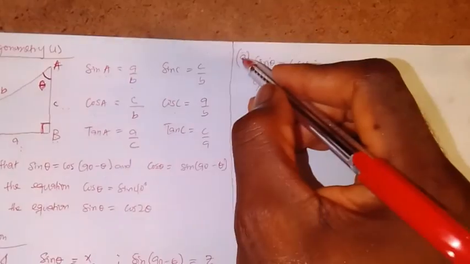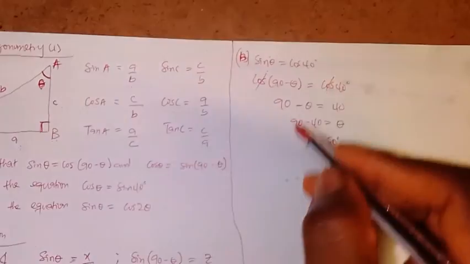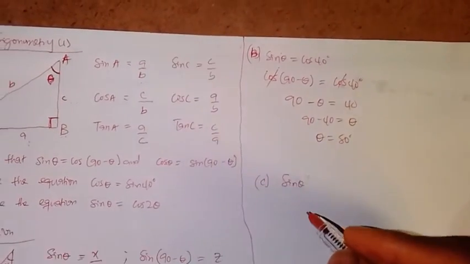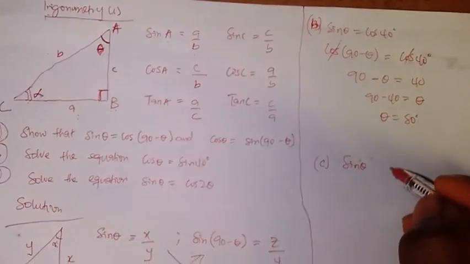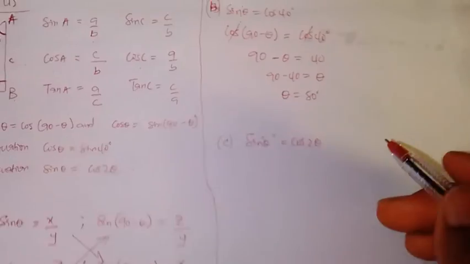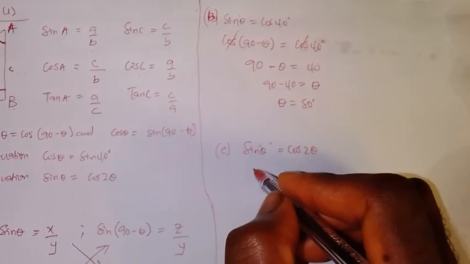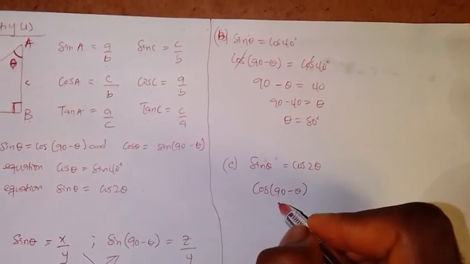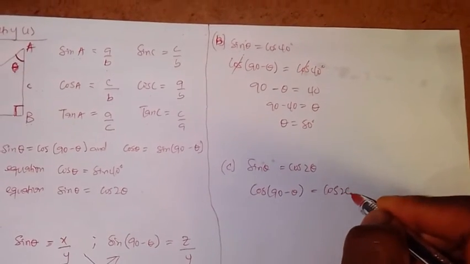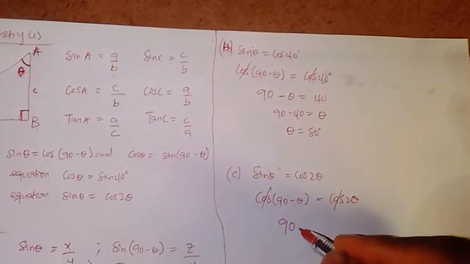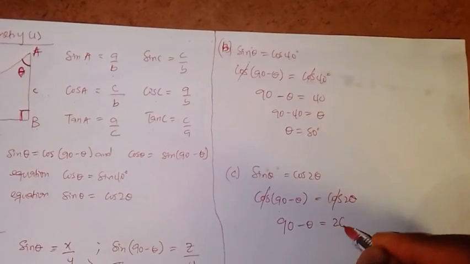So that's for the B question. Then for the C question, what do we have? We have to solve the equation sine theta equals cos 2 theta. In the same vein, I'm going to do it like that. This becomes cos of 90 minus theta, because we've proved that this is equal to this, equals cos 2 theta. Cos cancels itself out. I'm left with 90 minus theta equals 2 theta.